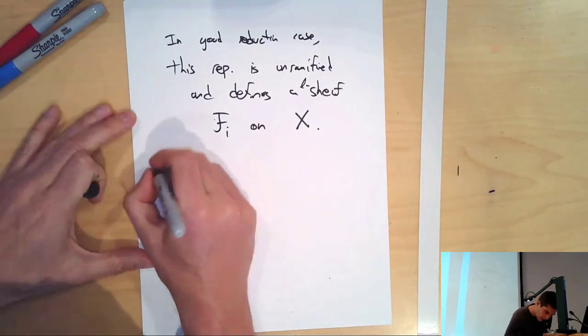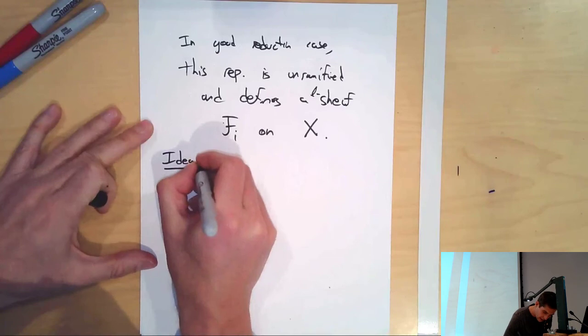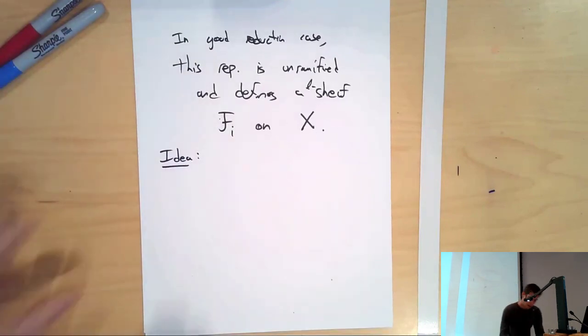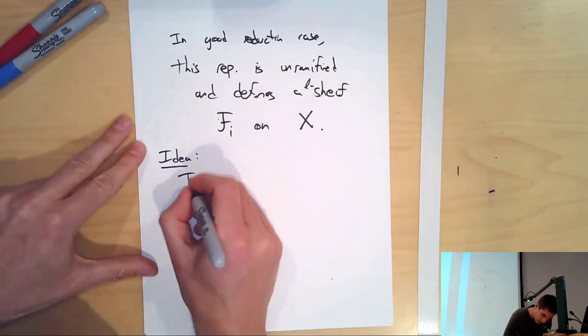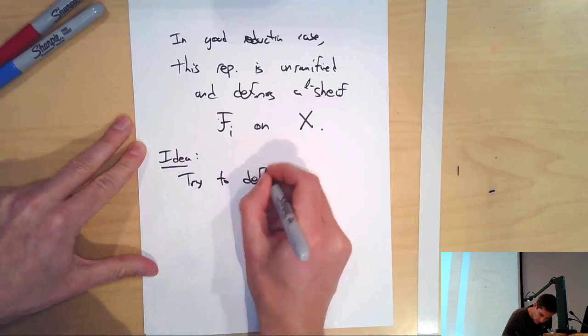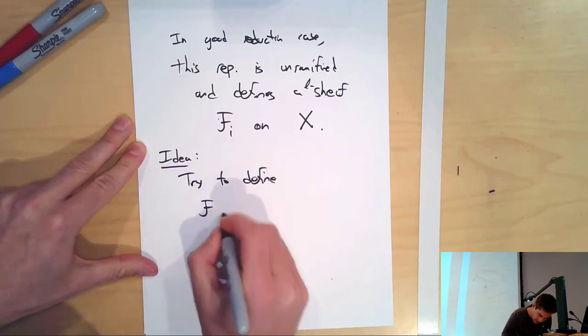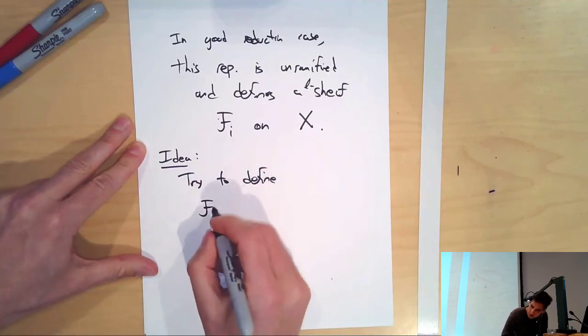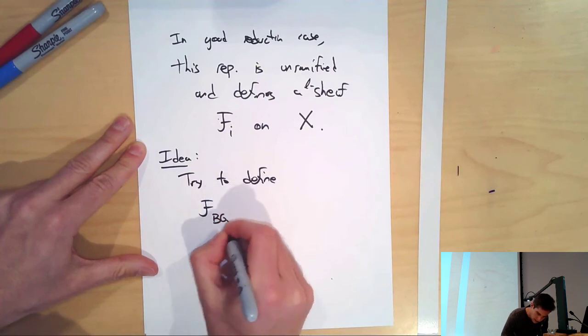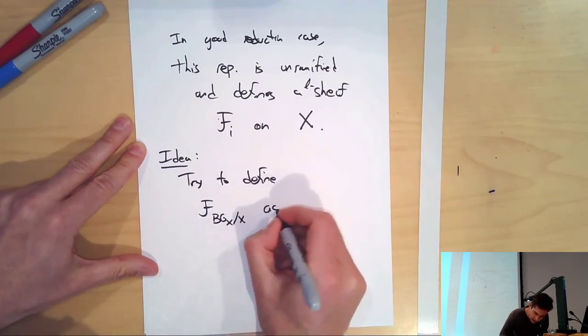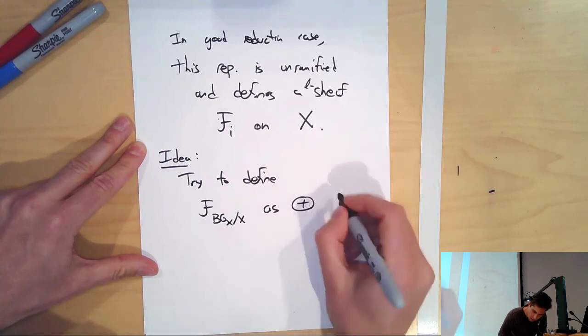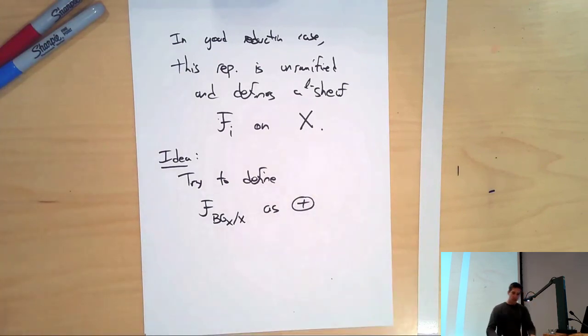So an idea that you might have is, at least in the good reduction case, you could try to define this object that I'm describing in the derived category, B g sub x over x, as a sum of, well, we know what each cohomology sheaf should look like.